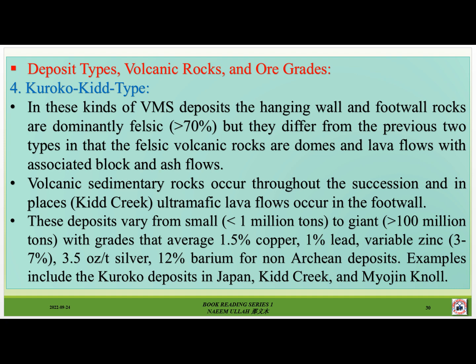These deposits vary from small, less than 1 million tons, to giant, greater than 100 million tons, with grades that average 1.5% copper, 1% lead, variable zinc, 3 to 7%, 3.5 oz per ton silver, and 12% barium for non-Archean deposits. Examples include the Kuroko deposits in Japan, Kidd Creek, and a Miocene knoll.